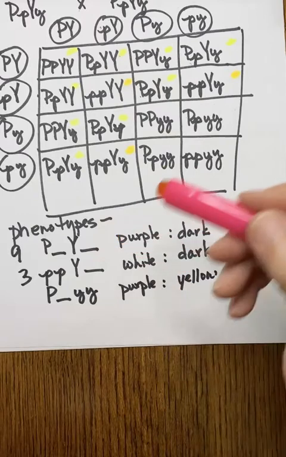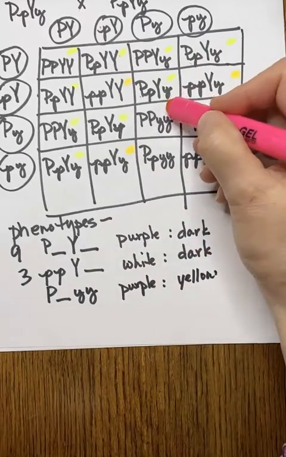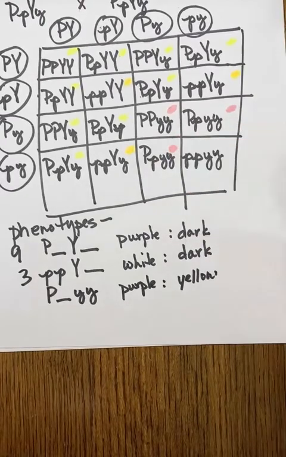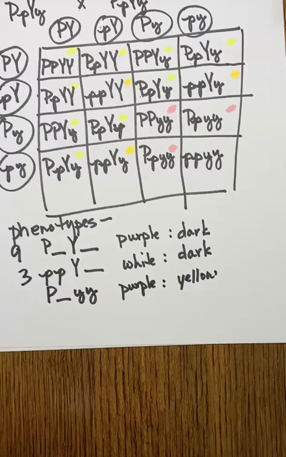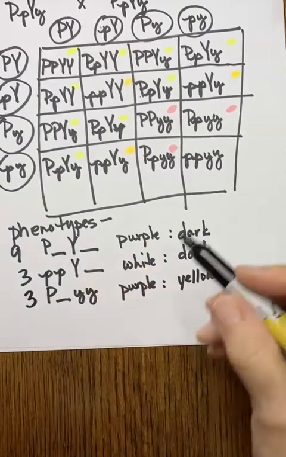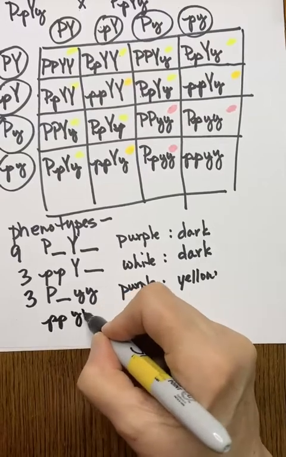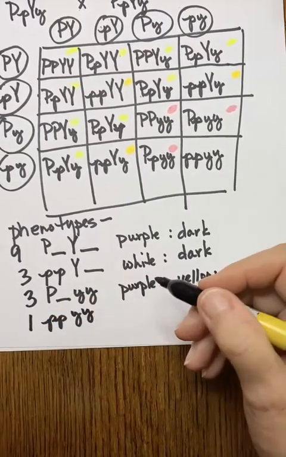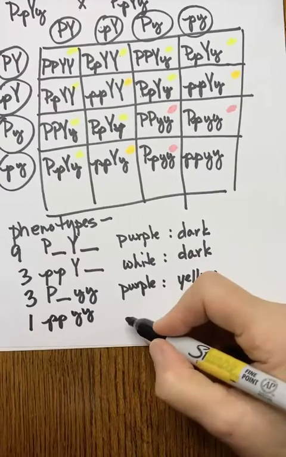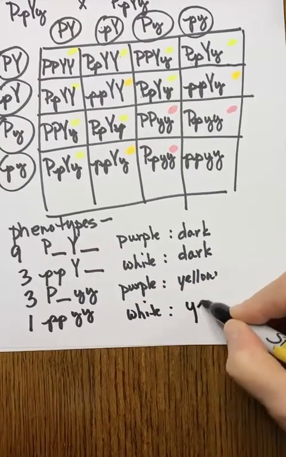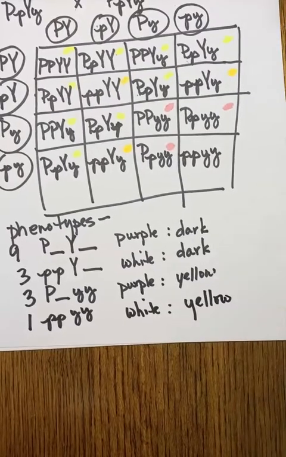So capital P and 2 little y's. 1, 2, 3. Okay, cool. 3. And then lo and behold, we have 1 left. And that's little p, little y, and there's only one of those. And that would be a white stem and yellow-green leaves.